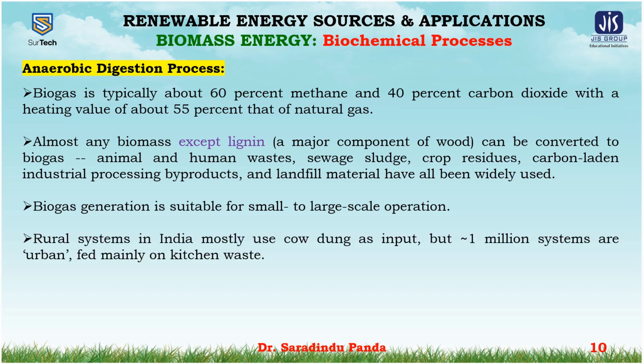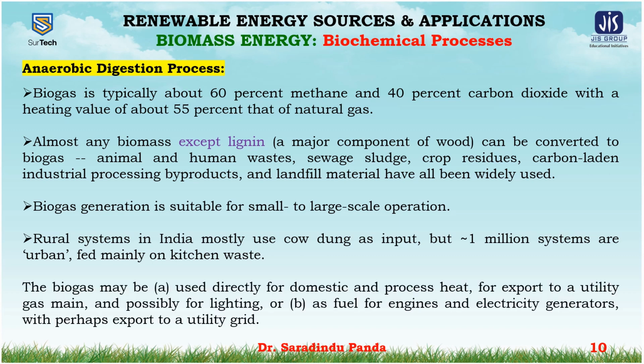Rural systems in India mostly use cow dung as input, but 1 million systems are urban, fed mainly on kitchen waste. Biogas may be used directly for domestic and process heat, for export to a utility gas, and possibly for lighting, and as a fuel for engines and electricity generators, with perhaps export to a utility grid.